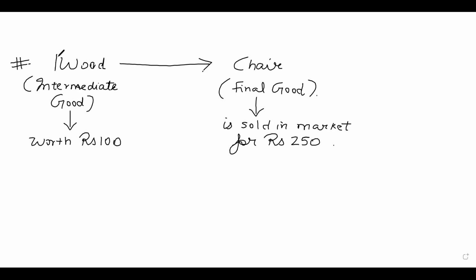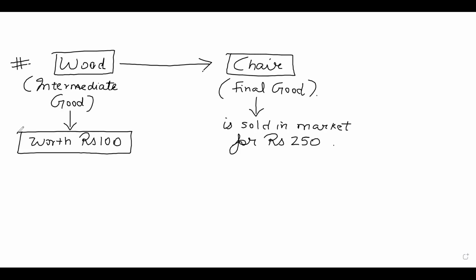Suppose this wood is used to make chair. The value of the wood is 100 rupees, and the chair which is produced from this wood is sold in the market for 250 rupees. Now, when I talk about national income, what should be included?